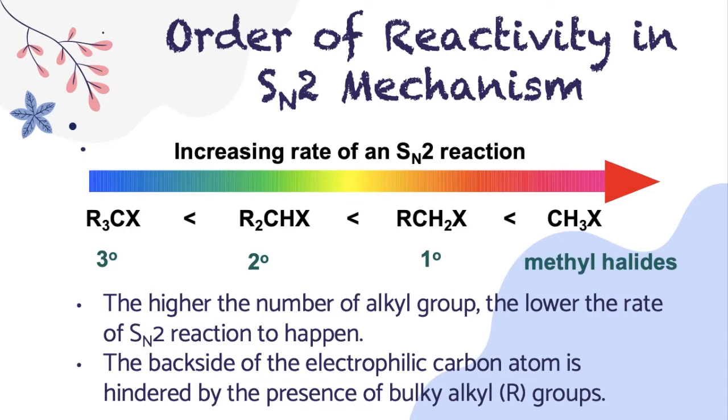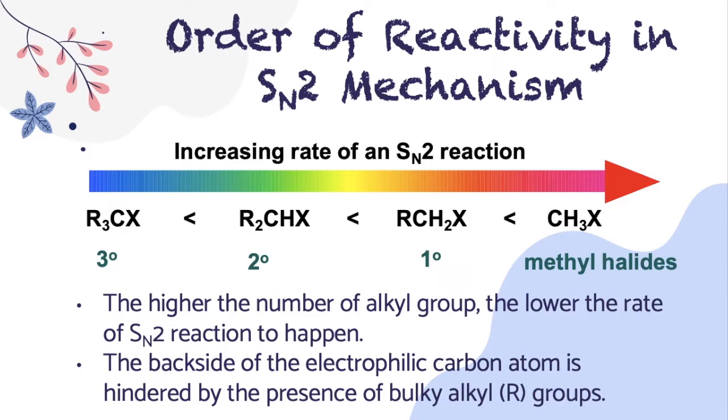So the SN2 mechanism prefers a lower number of alkyl groups in the haloalkane. This is because the backside of the electrophilic carbon atom is hindered by the presence of bulky alkyl groups.